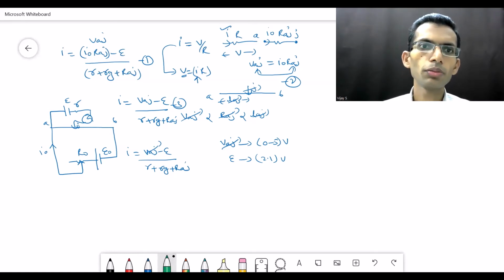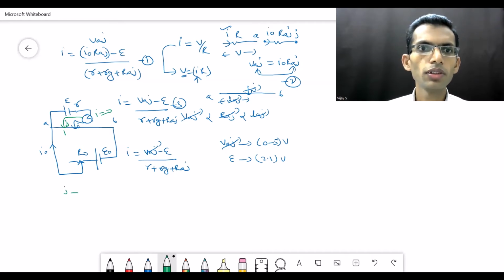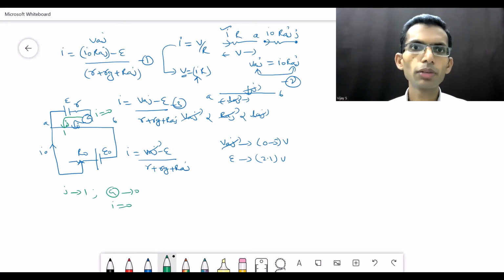Let us say at a particular position of the moving contact, position 1, the galvanometer shows zero deflection. That means current becomes 0. When we substitute into equation 3, we get 0 is equal to (VA1 minus E) divided by (R plus RG plus RAJ).